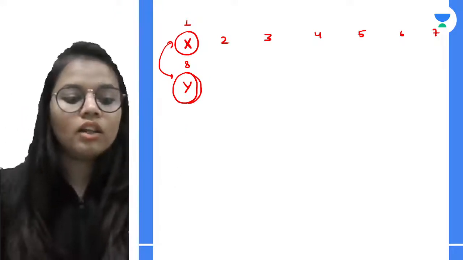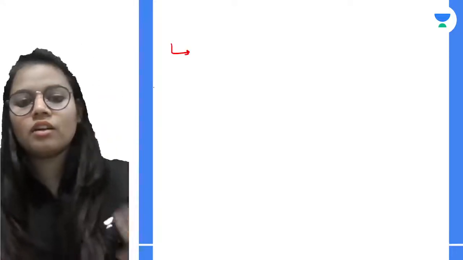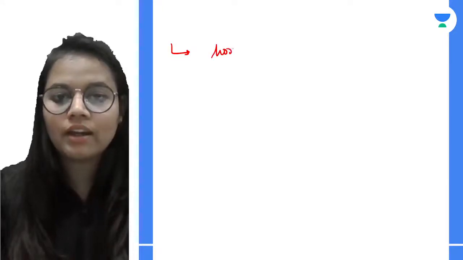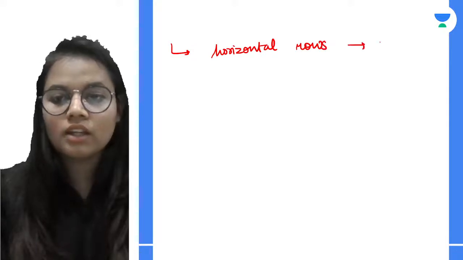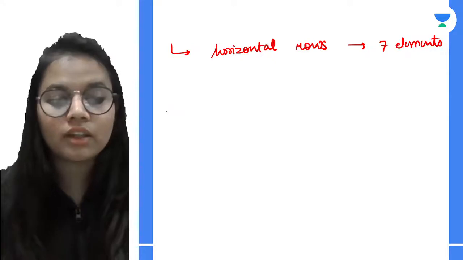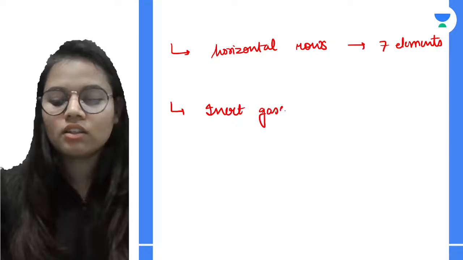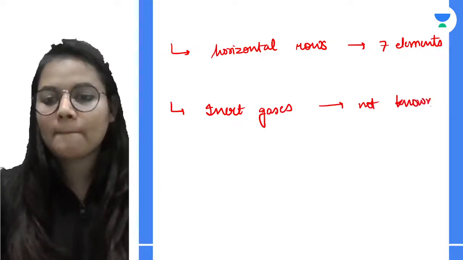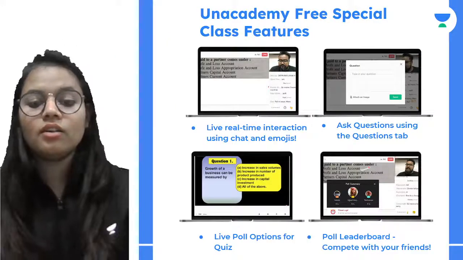Now, what did Newland do? He tried to arrange the elements in horizontal rows which contained 7 elements. And a very important thing to note over here is that the inert gases were not known at the time of Newland. So this is the thing that he found.